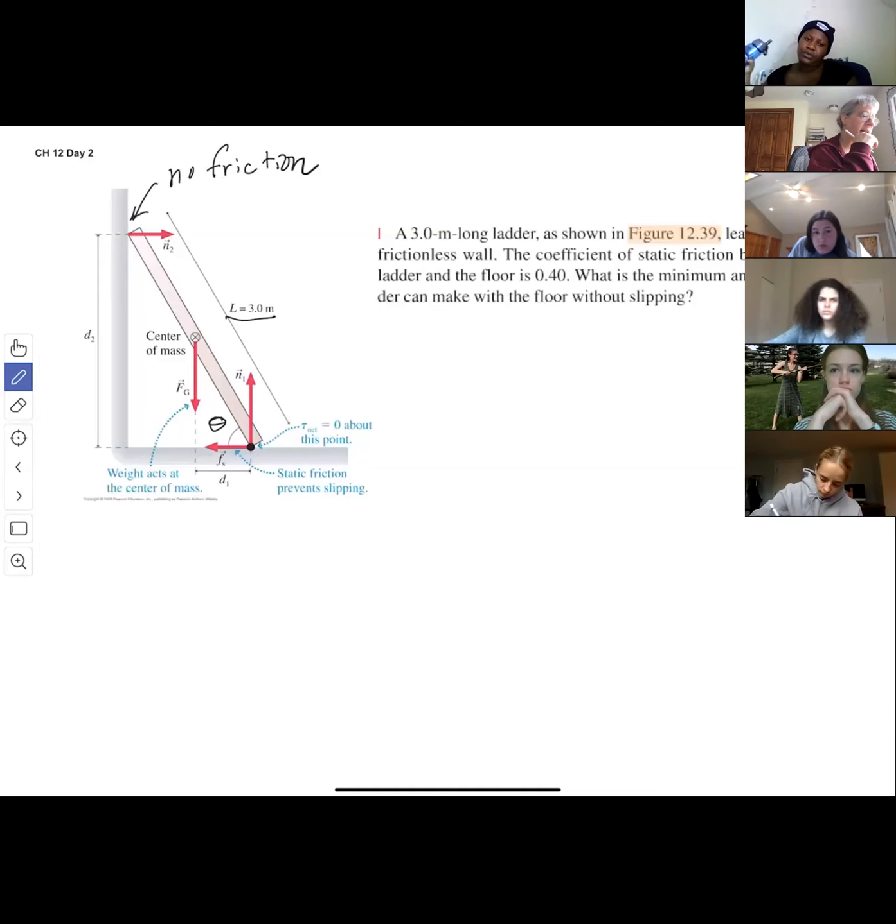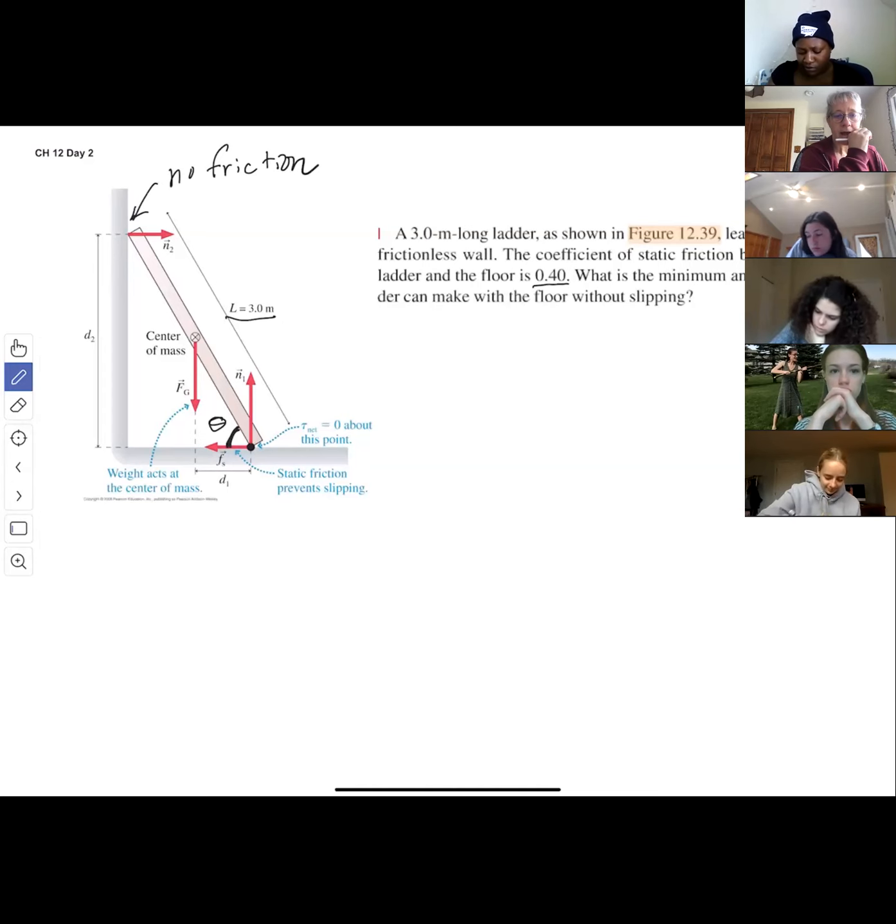The coefficient of static friction between the ladder and the floor is known, and that's given in the question. So the question here is, what's the minimum angle that the ladder can make with the floor without slipping?